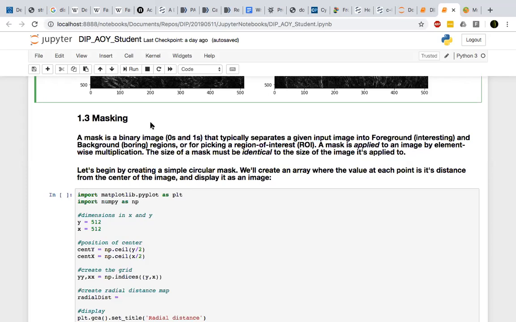The way you apply a mask to an image is just by pixel-level multiplication. I take pixel 1,1 in the mask and multiply it by pixel 1,1 in the image. If it's 0, I get 0, and if it's 1, I get whatever the value in the image is. Is that clear? Yes, no, kind of? We're going to do that a bunch, so it will become clear.